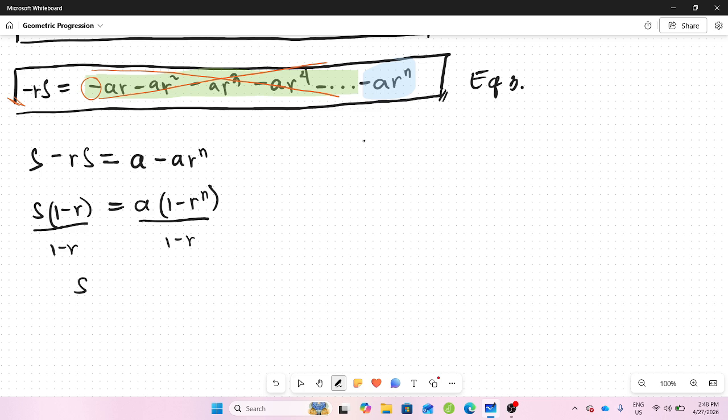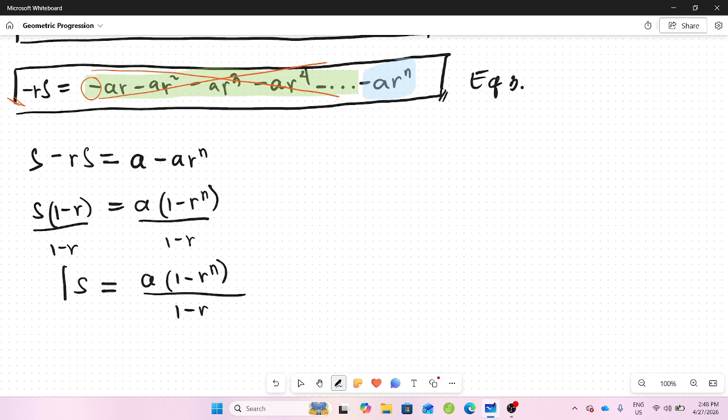So what's left here is the sum of all the terms in a geometric progression is equal to a, the first term, multiplied by 1 minus r to the power of n, divided by 1 minus r.